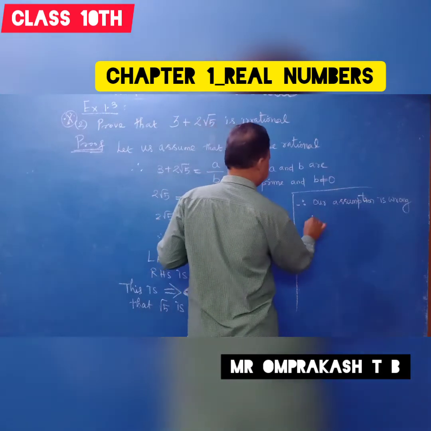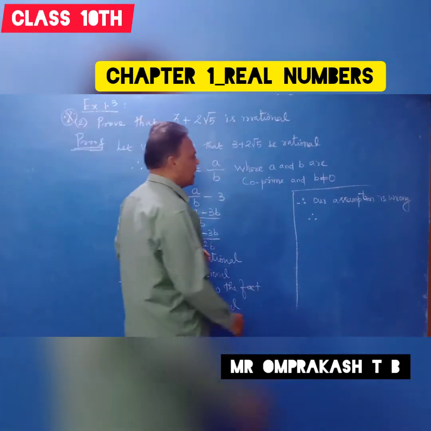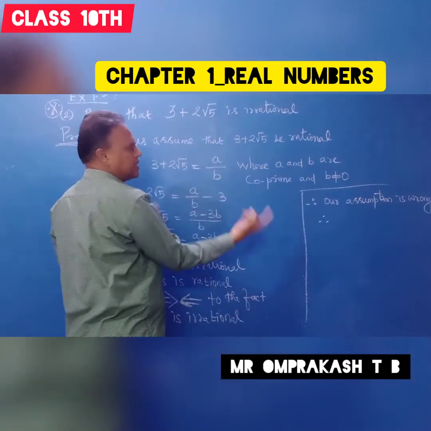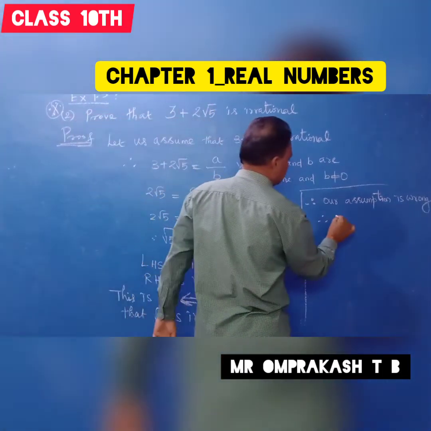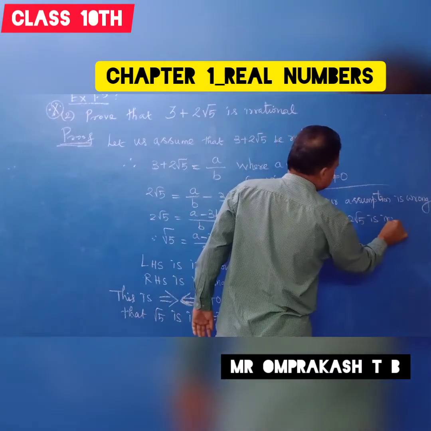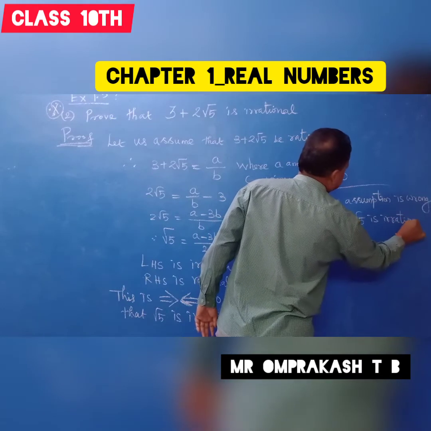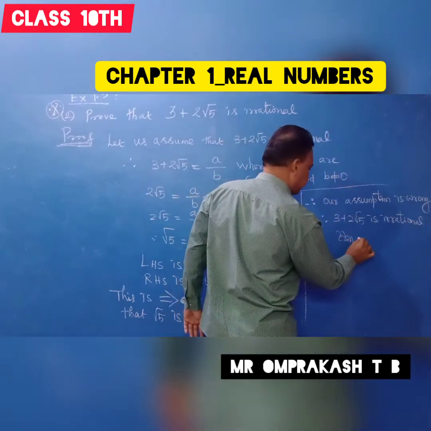Therefore, 3 plus 2 root 5 is irrational. Our assumption that it is rational is wrong, which means automatically the opposite is correct. Therefore, 3 plus 2 root 5 is irrational. Okay, hence proved.